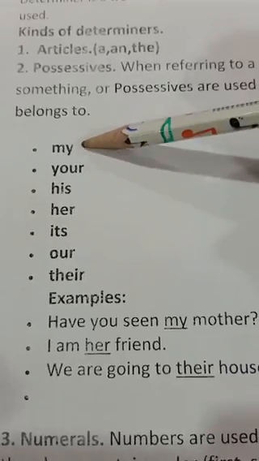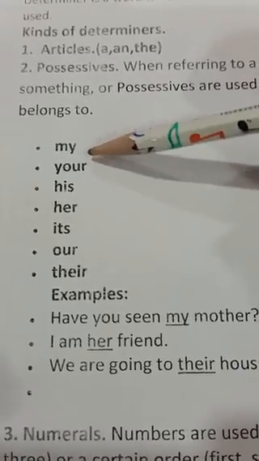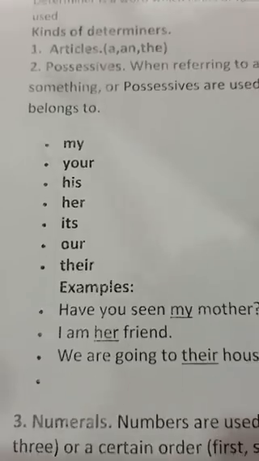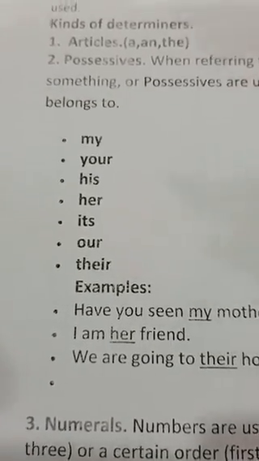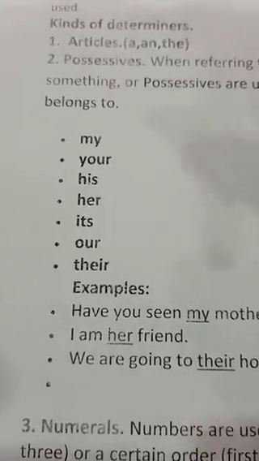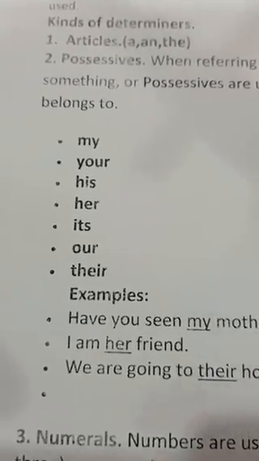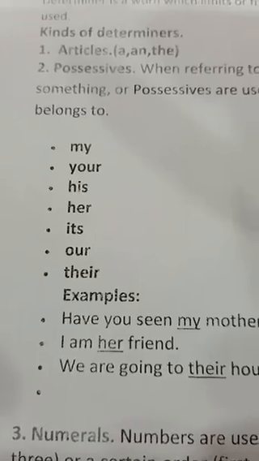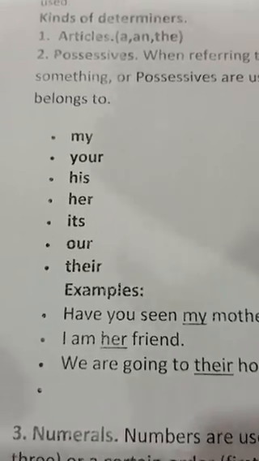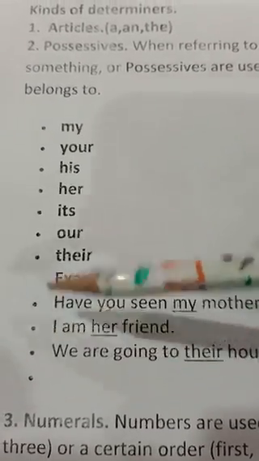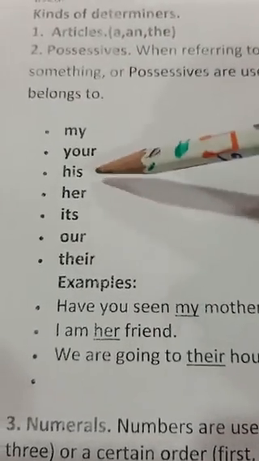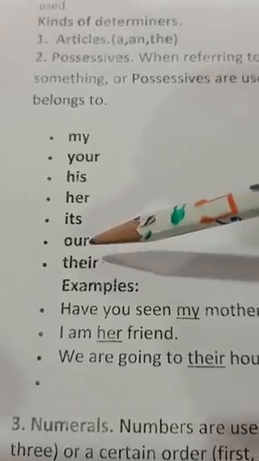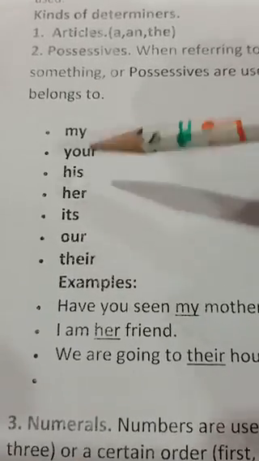So my, your all belong to someone. When you are describing words which reflect that something belongs to someone, then it is a possessive kind of determiner. Here are some possessives: my, your, our, his, her, their.